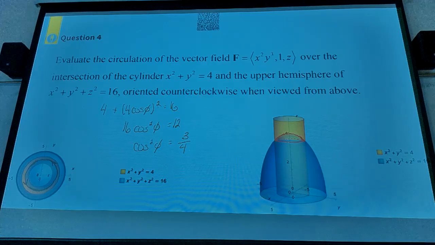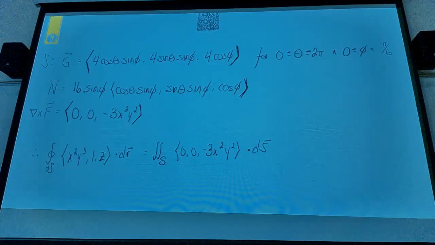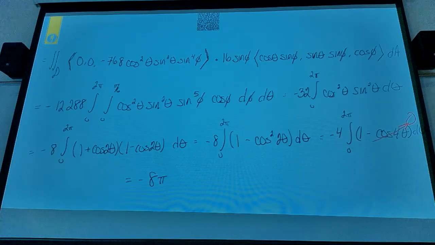You would have to determine the radius of that circle so you can parameterize it. And this just felt like a lot of work. But I'll let you be the judge of that, whichever one you want to use. You don't have to use Stokes theorem unless I specifically tell you to.